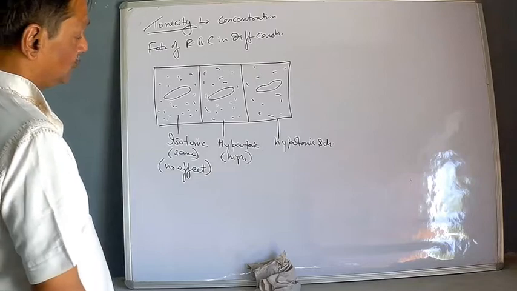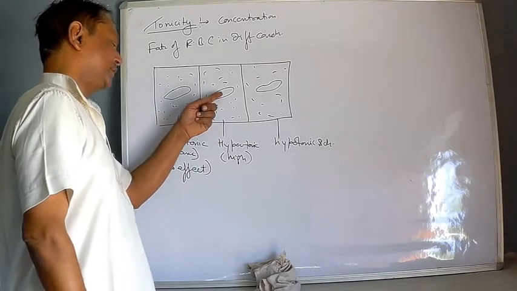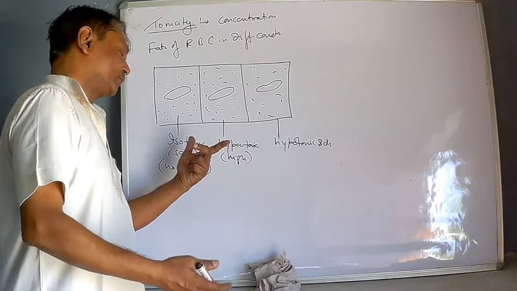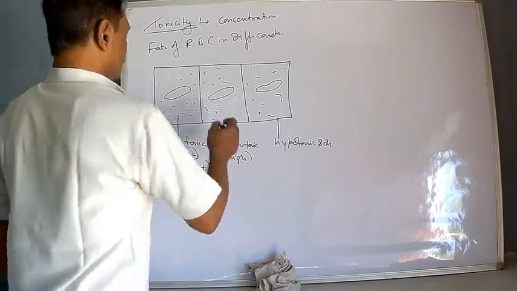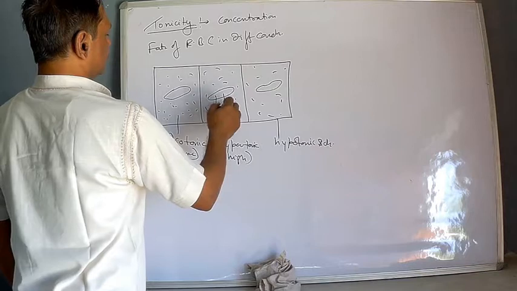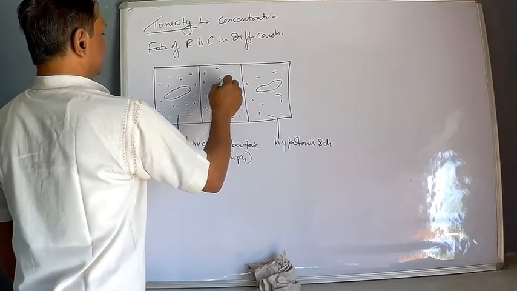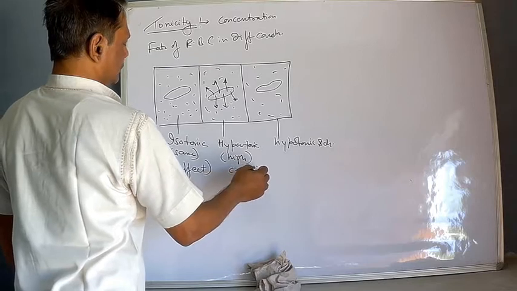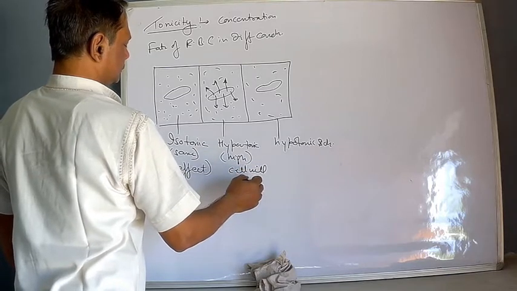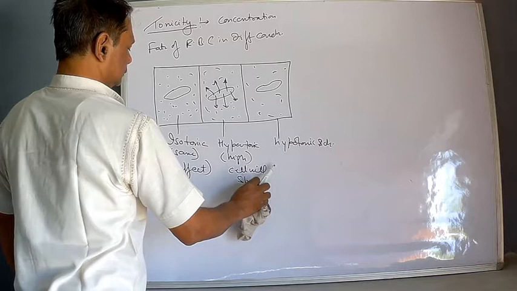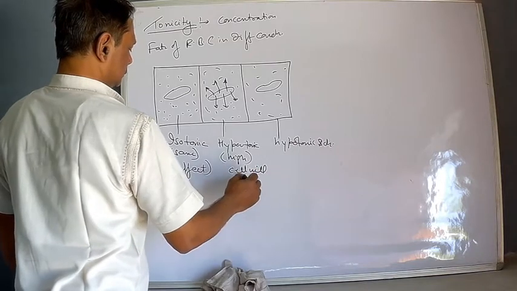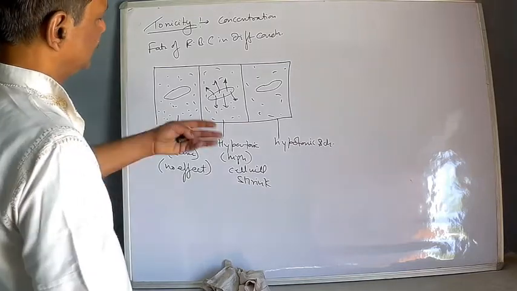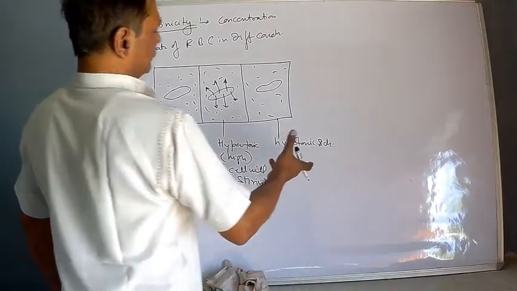In the second case, your RBC is having lower concentration. Outside it is higher concentration. We know osmosis takes place from lower to higher, so water will move from RBC to outside, and as a result, the cell will shrink. In the last case, RBC has been placed in hypotonic solution.